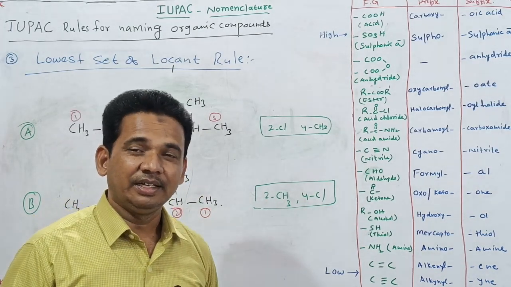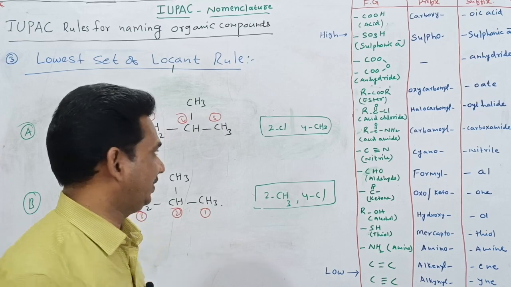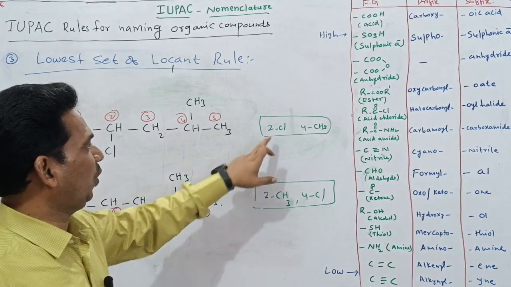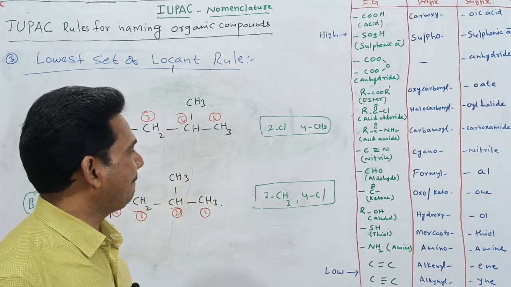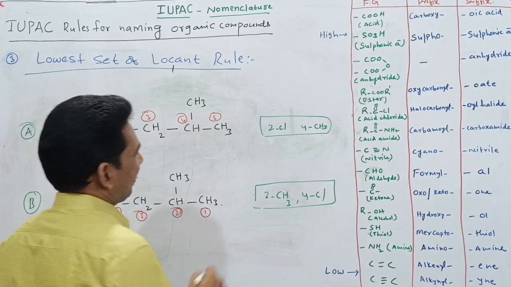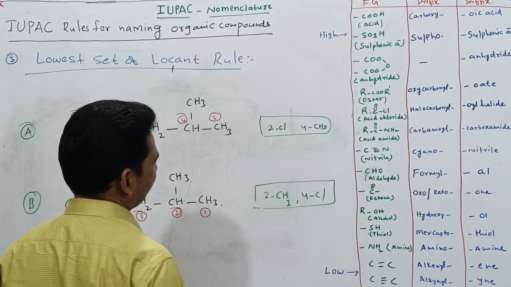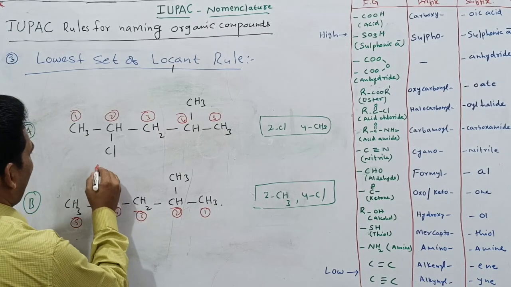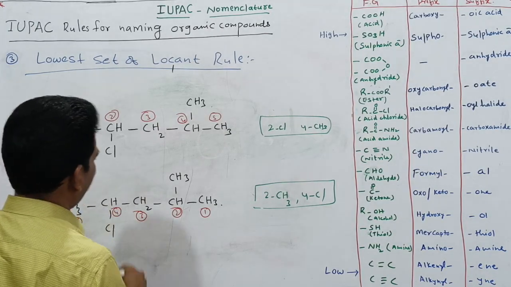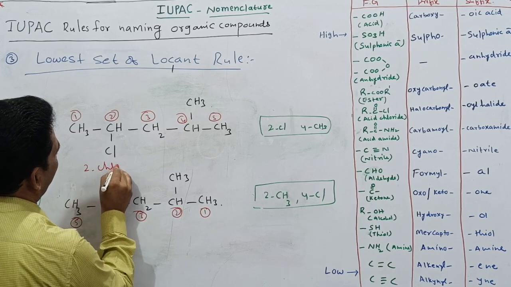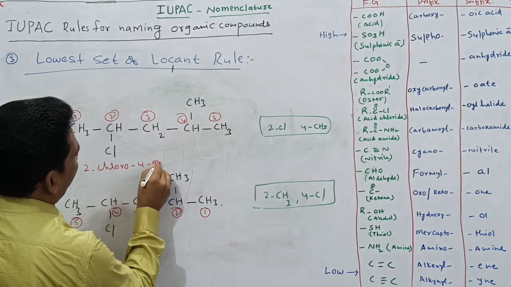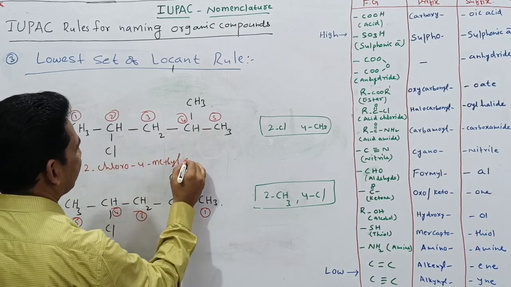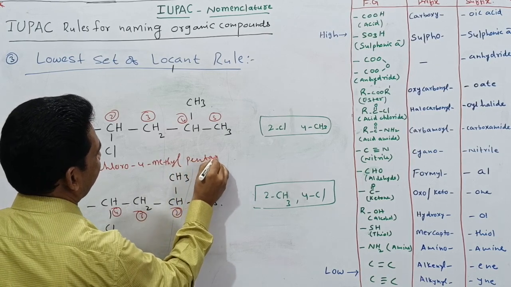You have to see which comes first in alphabetical order. Chlorine or methyl? Chloro is C, methyl is M. Chloro will come first, alphabetical order. While writing the name it will be 2-chloro, 4-methyl, 1, 2, 3, 4, 5, pentane.